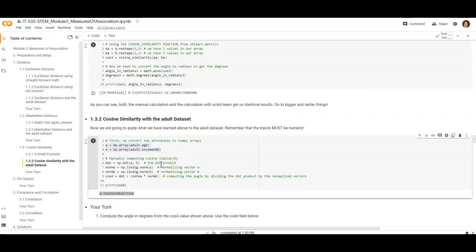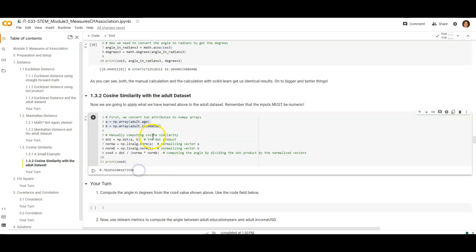All right, so now let's apply that again to the adult data set. And we're going to do exactly the same thing. First, we're going to have to convert our adult age and our adult income USD attributes to arrays likewise. And then here I'm going to use the dot product to manually compute my cosine similarity.